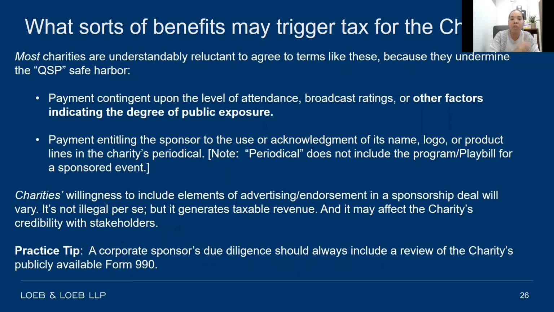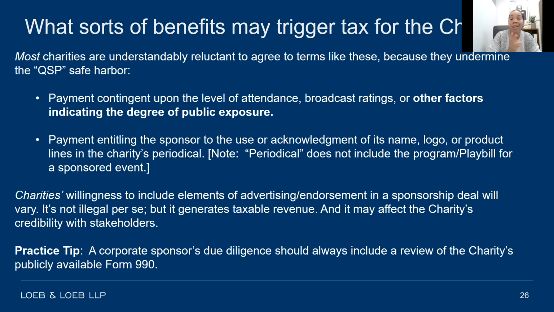So as I mentioned, there are different types of benefits that are going to be triggering, not just for tax, but for the negotiating complexity that you're going to experience when you're negotiating a corporate sponsorship deal with a charity. One of them is a payment contingent upon the level of attendance, broadcast ratings, or other factors that indicate the degree of public exposure.